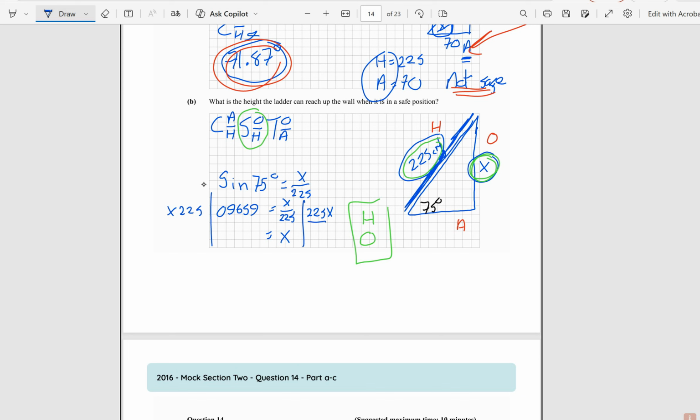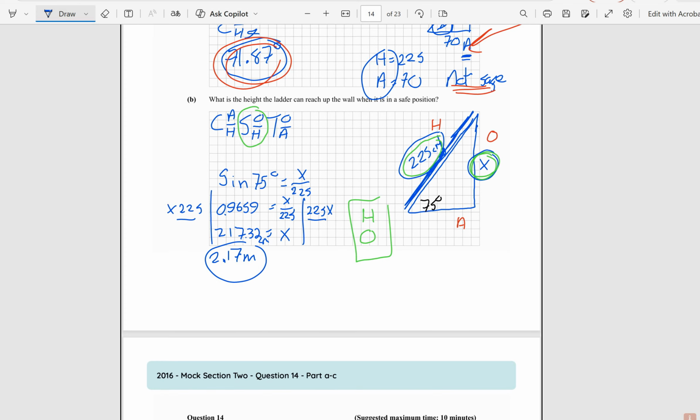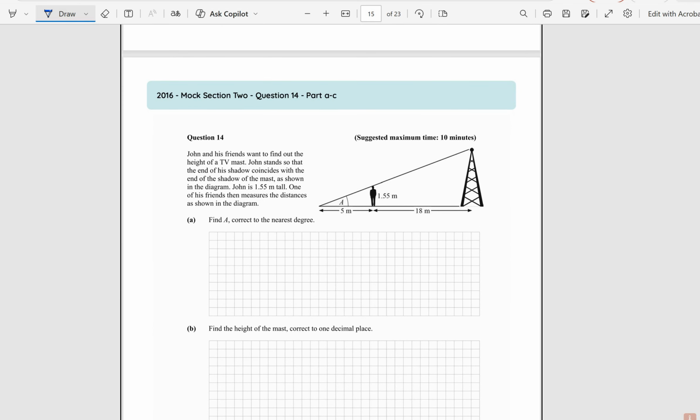We're still dividing by the 225, but now we're multiplying it by 0.9659, and we get 217.32 centimeters. If we divide that by 100, we get 2.17 meters. Apologies about that 70 and 75 degree mix up.